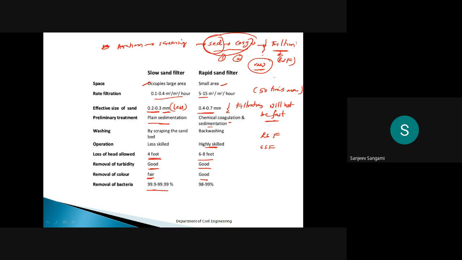Removal of bacteria is 99 point, and here it is 98, so very less effective comparing to that. So these are the differences between the slow sand filtration process and rapid sand filtration process.